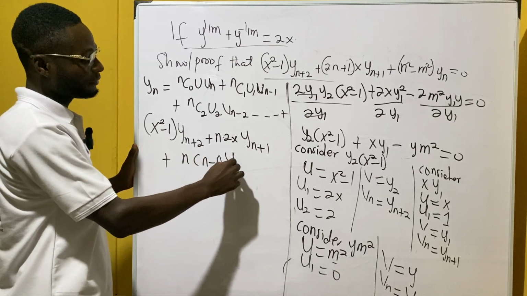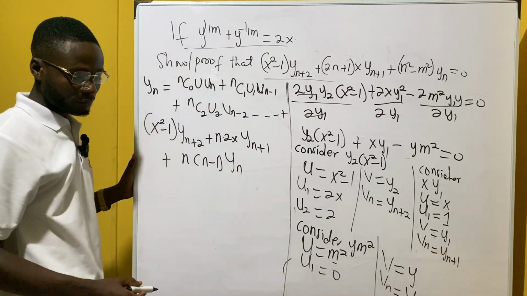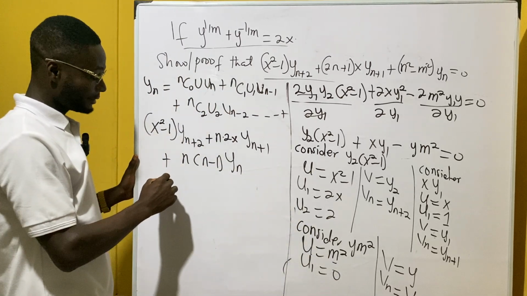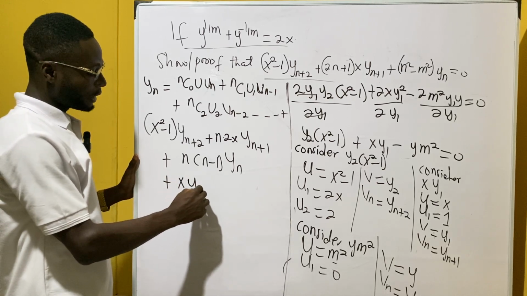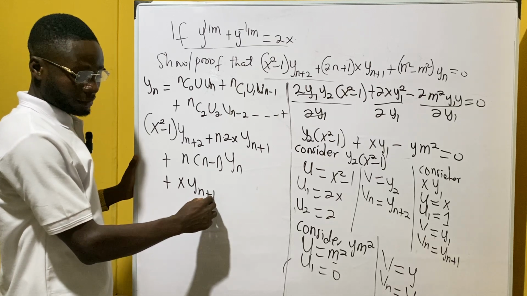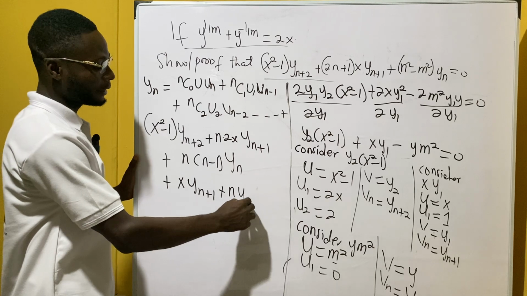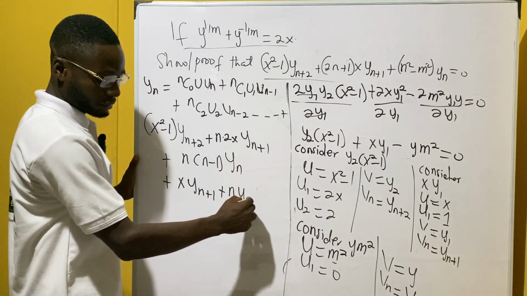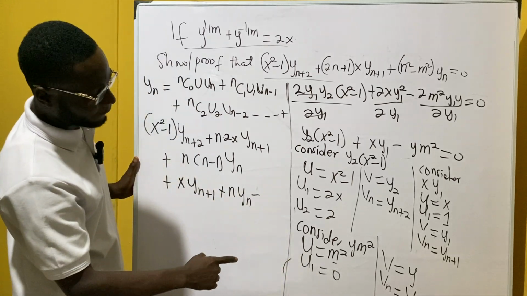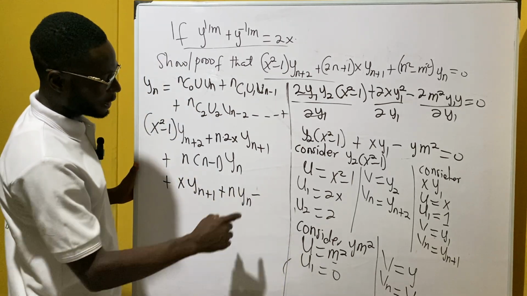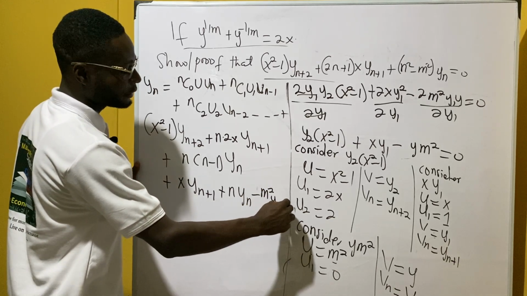Then we have the next term following, which is the yn, right here. Plus x yn plus 1 plus n yn, and then minus the m squared yn, and that should be 0.